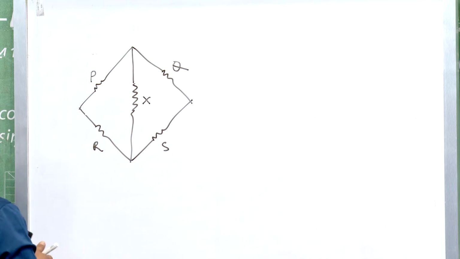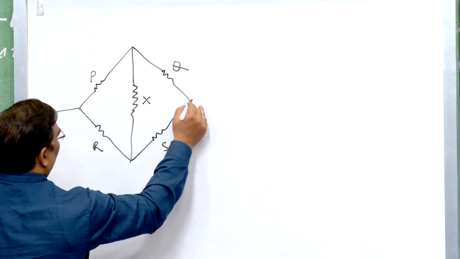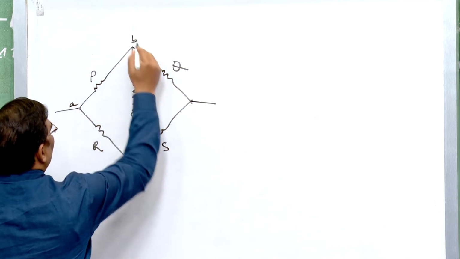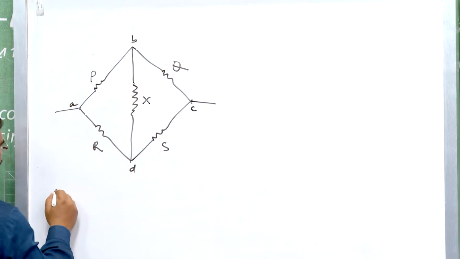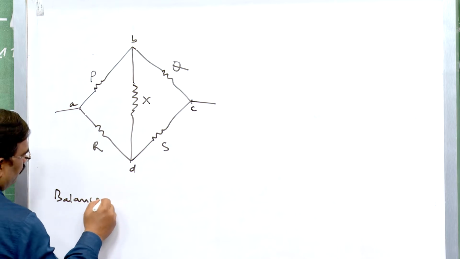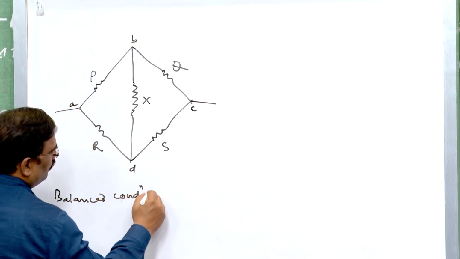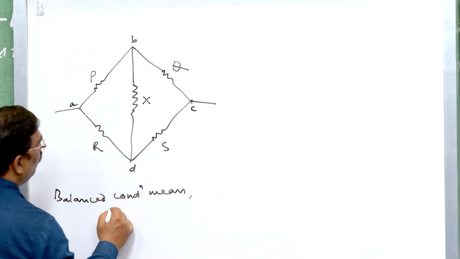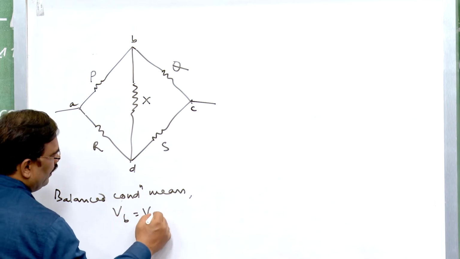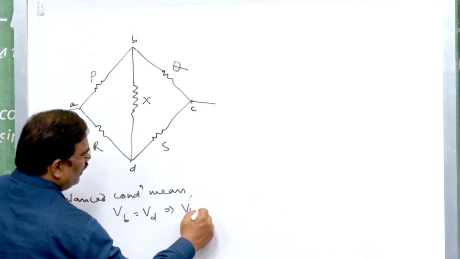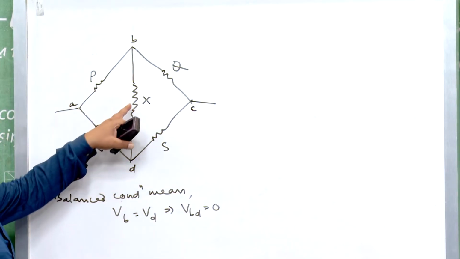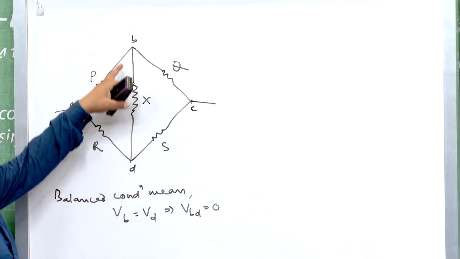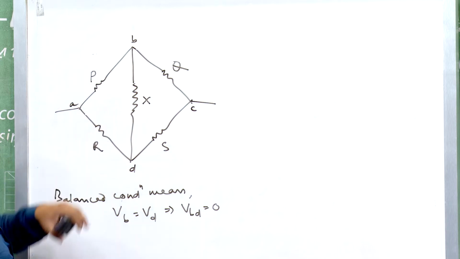The meaning of balanced condition is, if this is A, B, C and D, the balanced condition means VB equal to VD, which implies VBD equal to 0, means there will be no current through this branch X of this Wheatstone's bridge.